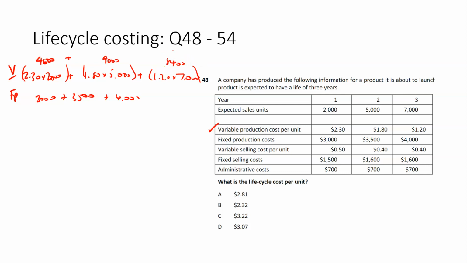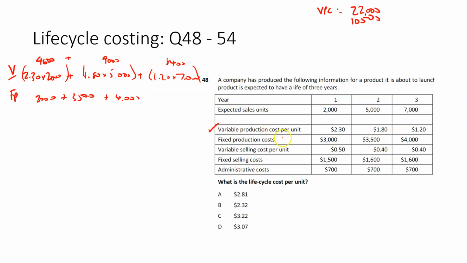When you add all these together, you have 22,000. So I'll write the variable production costs, 22,000. Okay, my fixed production costs, 3,000 plus 3,500 plus 4,000, is 10,500. I'll write that there, 10,500.